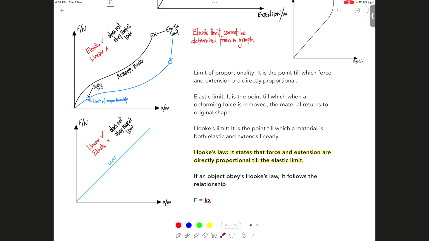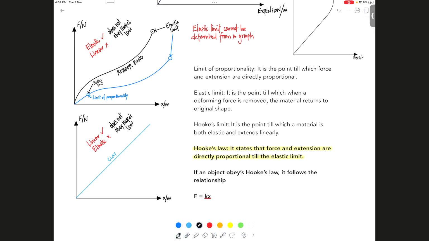Can you explain the limit of proportionality? Limit of proportionality is the point up to which the graph is a straight line. Is Hooke's limit the same as the limit of proportionality all the time? No, not the same all the time.